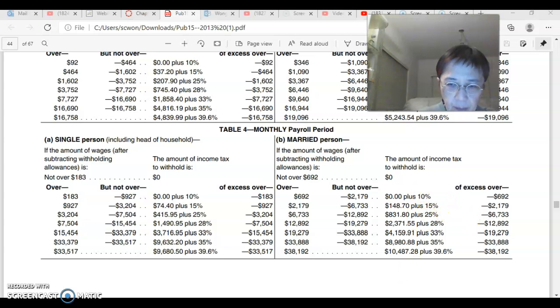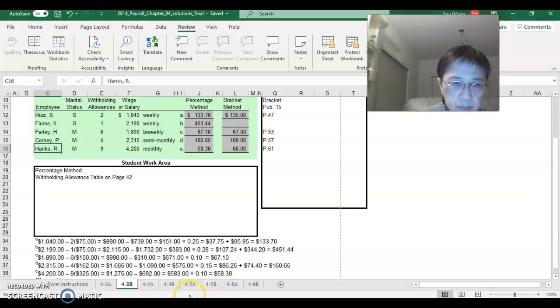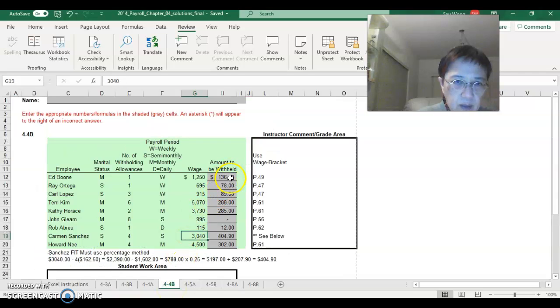Okay. So 1,275 minus 692 times 10% equal to $58.30. We finish 4-3B, we go to 4-4B.